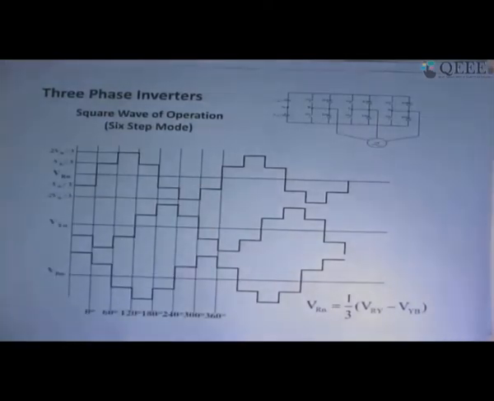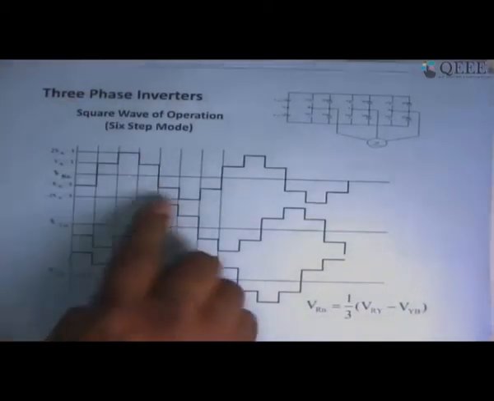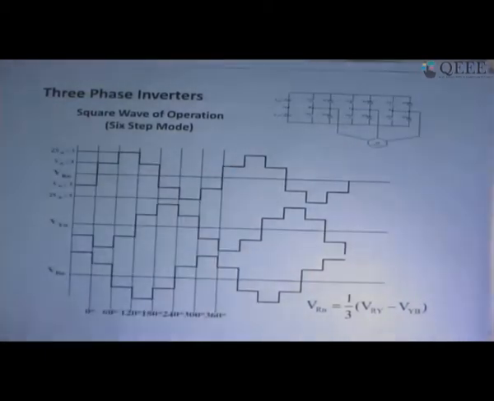That means you have dominant 6th order harmonics. In the FFT analysis, we saw it contains 6M plus minus 1. It will not have triple harmonics because it is a three-phase balanced circuit, so not the 3rd, 6th, 9th and so on. It will also not have even order harmonics because of odd and even symmetry. Therefore, we will have 1, 5th, 7th, 11th, 13th, 17th, 19th and so on.